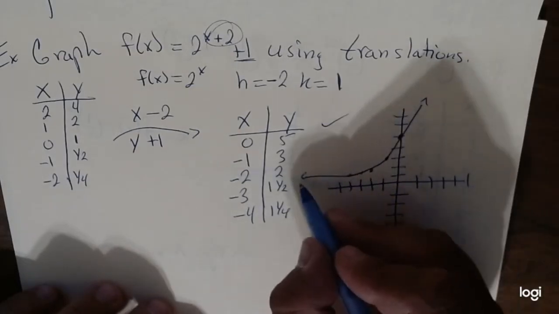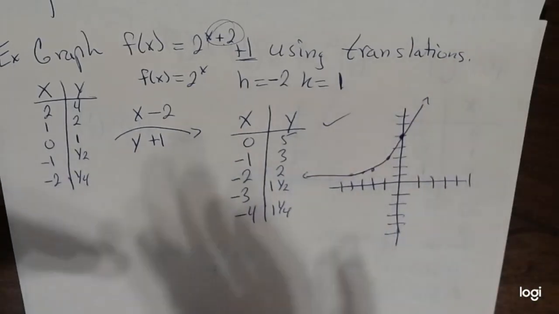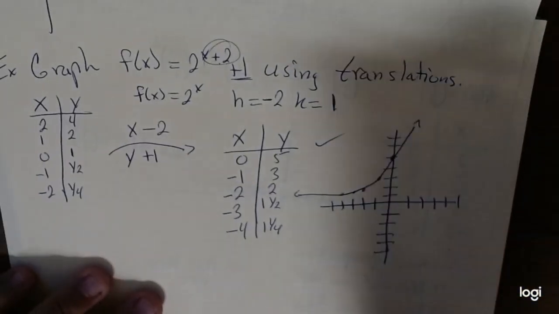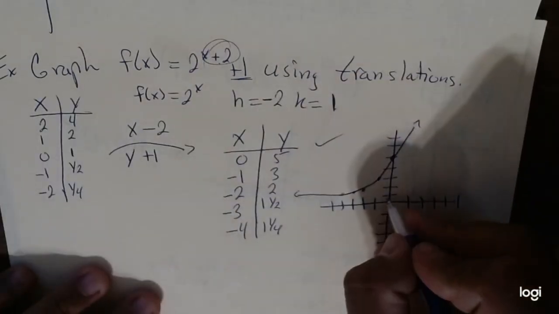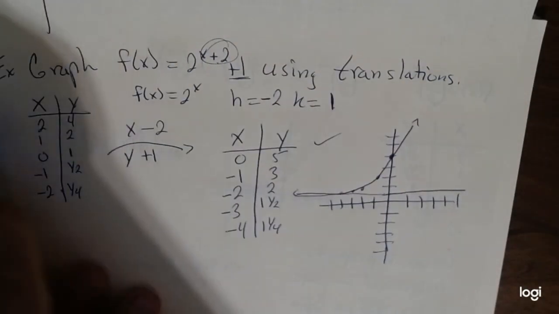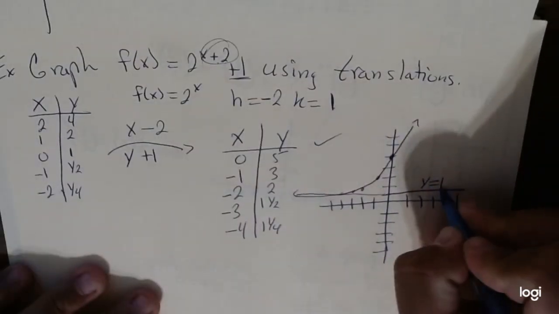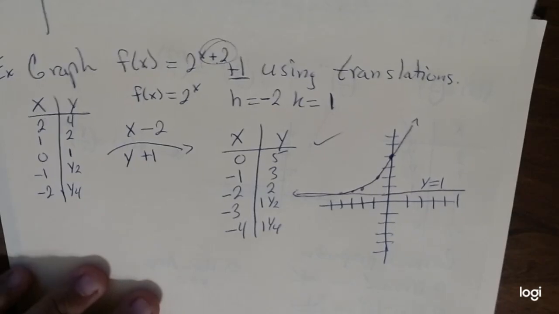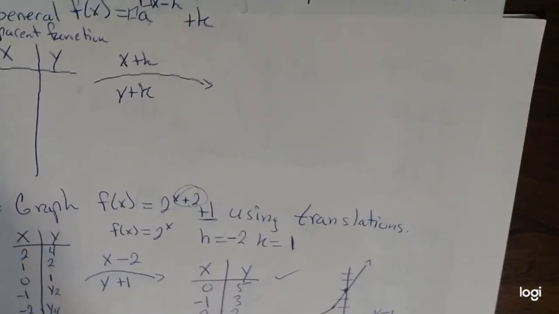So the question now becomes, what line does it shift? Because everything is moving, our horizontal asymptote is actually not 0 anymore, because it never even gets close to 0. The question now becomes, where does it actually go? And believe it or not, it doesn't cross the line y equals 1. So we can add one more portion to our properties.